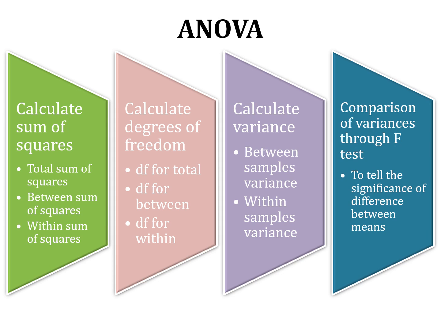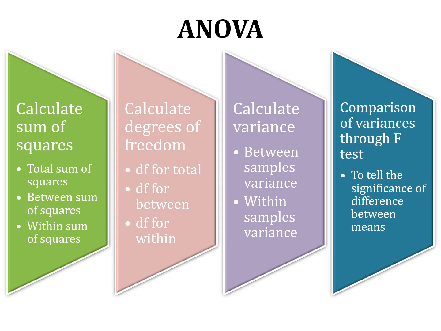Now it is time to compare these variances, because as we saw previously, it is the comparison of the between samples variance and within samples variance that gives us the idea of whether the mean values are different from each other or not, right? So we compare these two variances, and this comparison is done through the F-test of ANOVA.